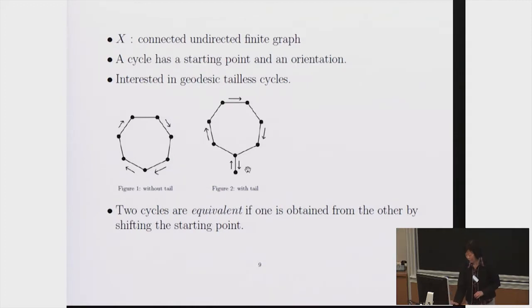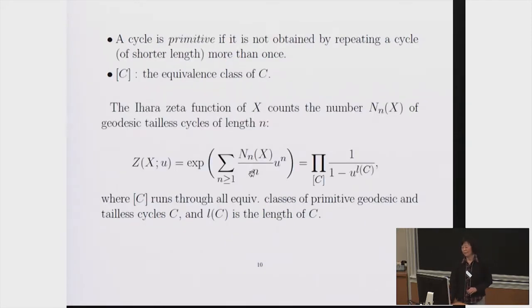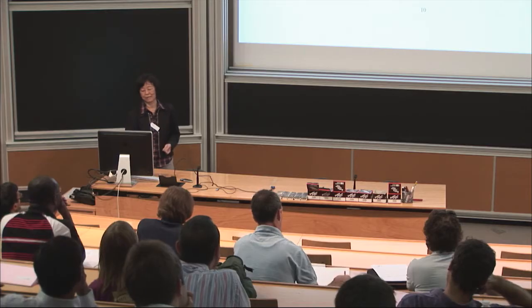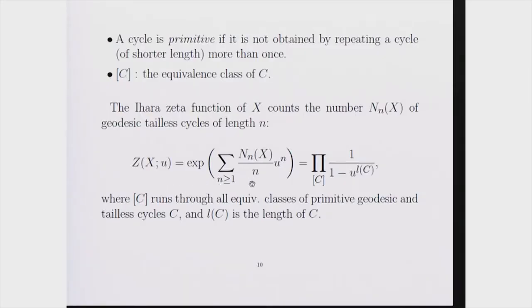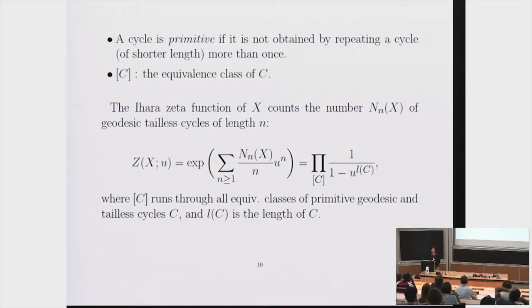So the Ihara zeta function for the graph counts the number of geodesic tailless cycles of given length n. You see that the form of the definition looks exactly like the way we define the zeta function for curves. And it also has an expression as an infinite product. What plays the role of prime is the equivalence class of primitive geodesic tailless cycles.